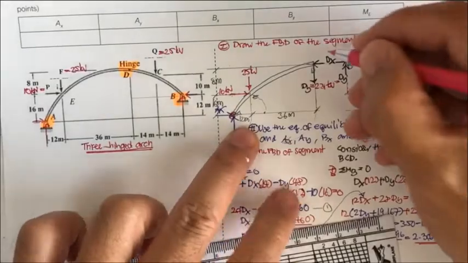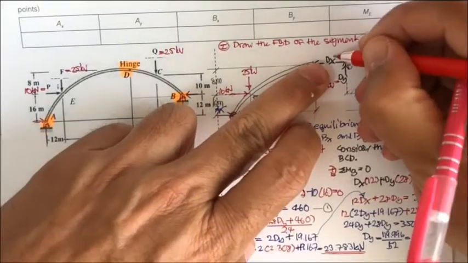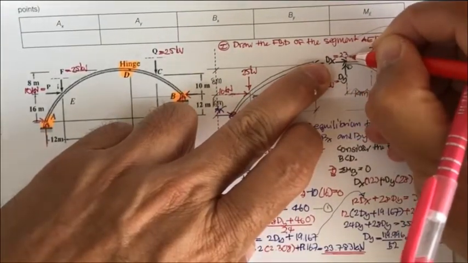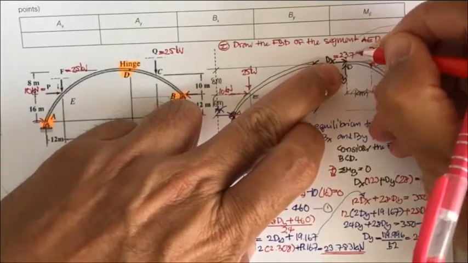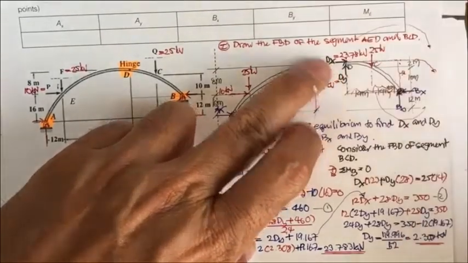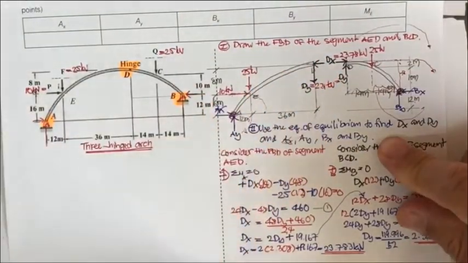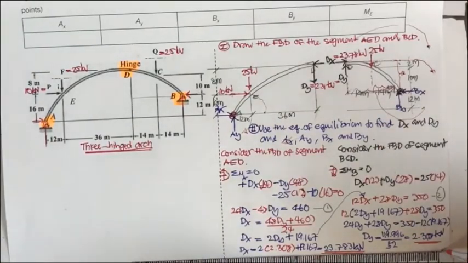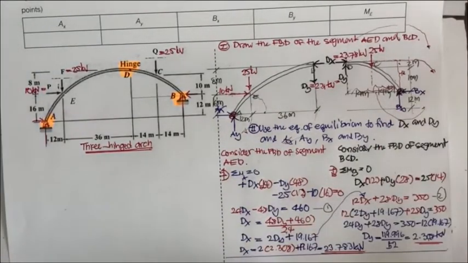This is going to be equal to 23.78 kilonewton. Okay, that's the force at the hinge, and you didn't have the reactions yet.